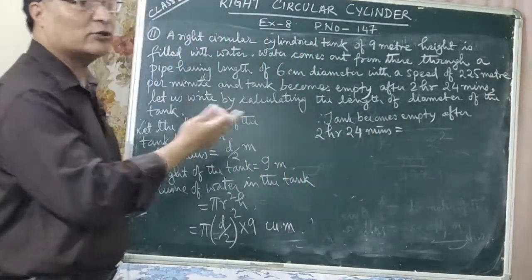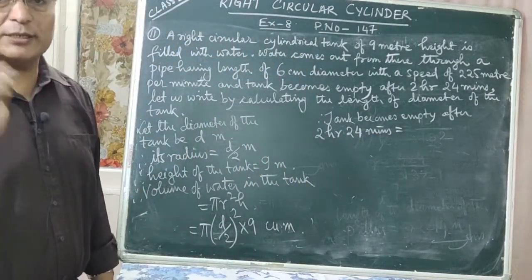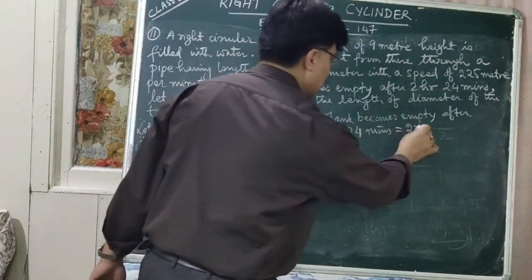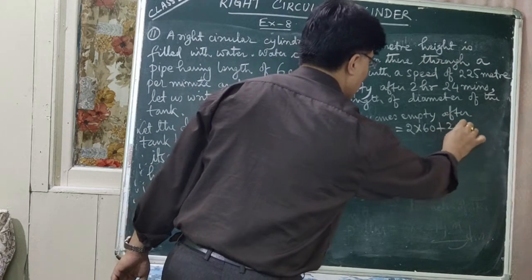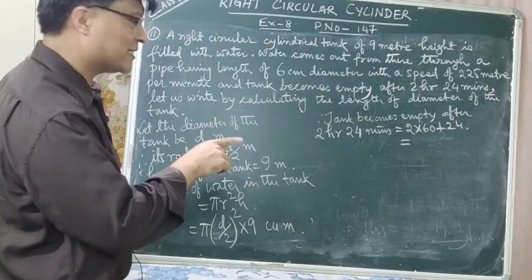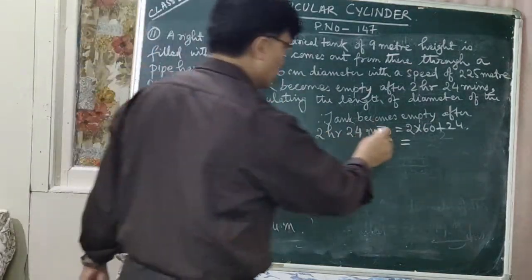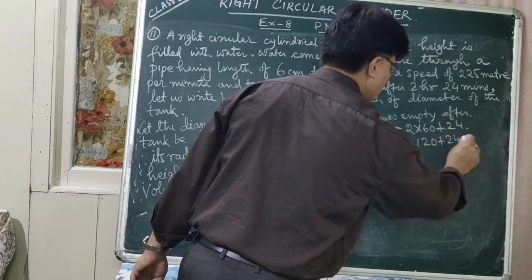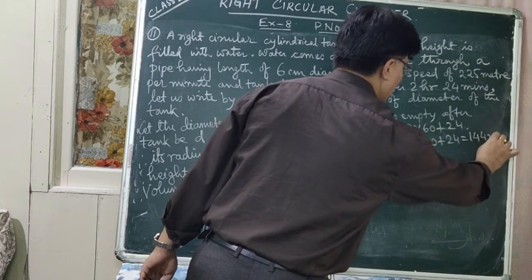So let us convert it into minutes. How many minutes in 1 hour? 60 minutes. So 2 hours is 2 into 60 plus 24, right? Converting 2 hours into minutes, 2 into 60 minutes plus 24. So how much is it? 120 plus 24 is equal to 144 minutes.